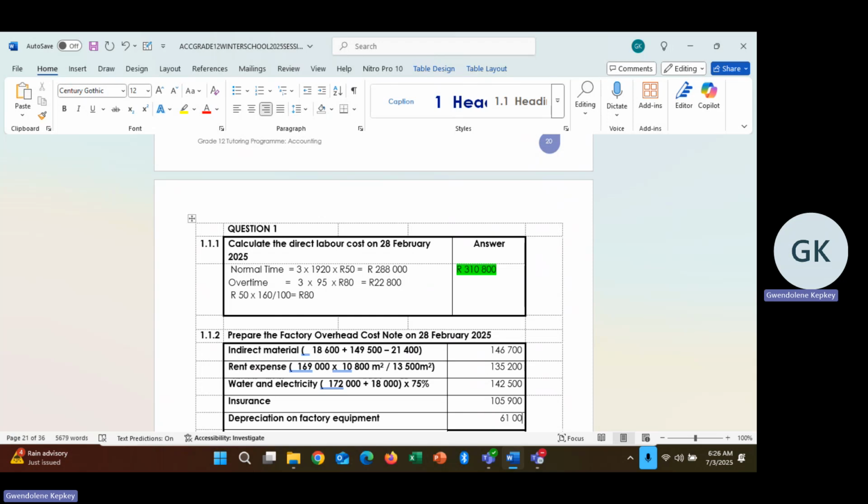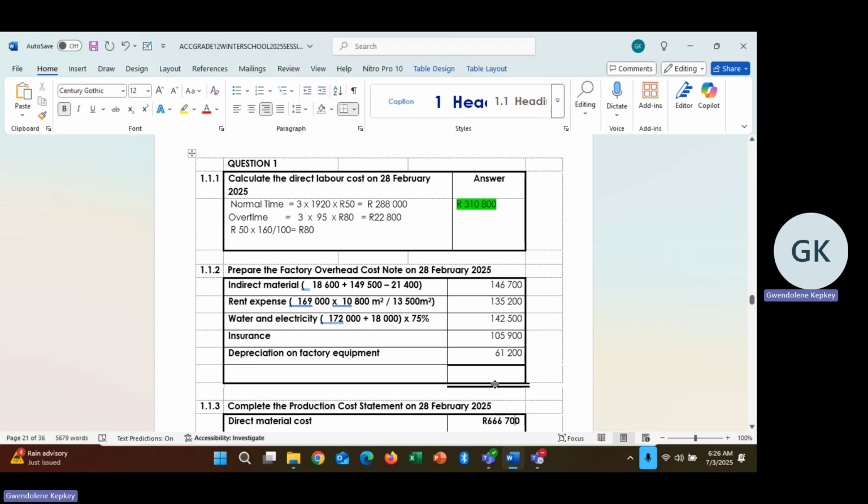If I add all of them, I come to a figure of 591,500. Very important, this figure is going to form part now of my production cost statement.